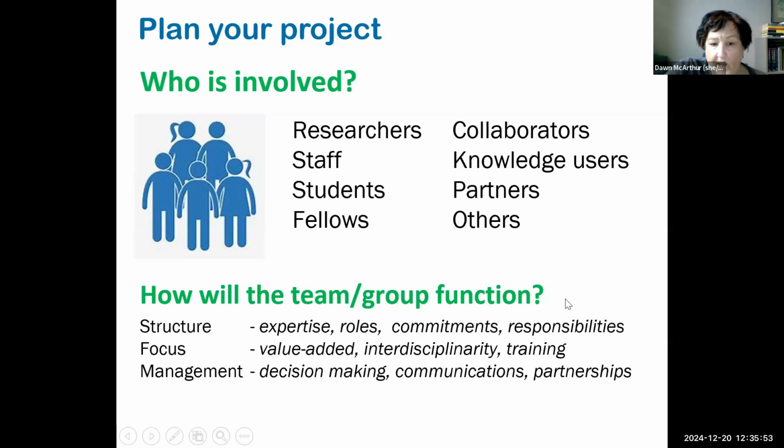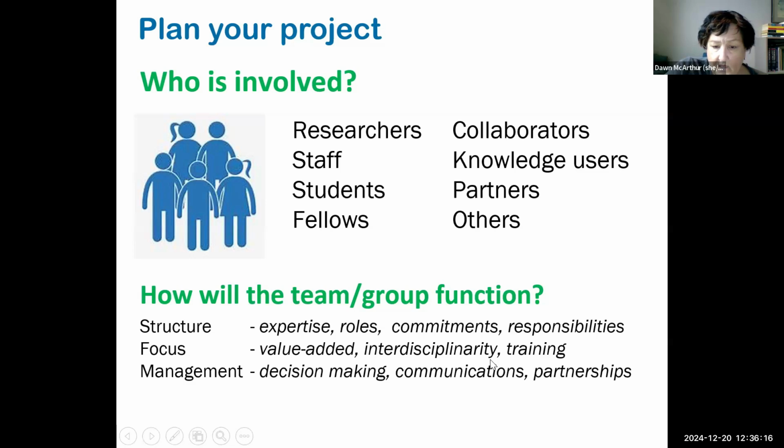Then you want to think about how that team and group will function in terms of the structure of the team. What kind of leadership do you have? What kind of roles does everyone play? This business of roles and commitments is becoming very much the focus of a lot of reviewer comments. Like, I don't see what all the people are going to do. And they want it to be a lot more explicit in many cases.